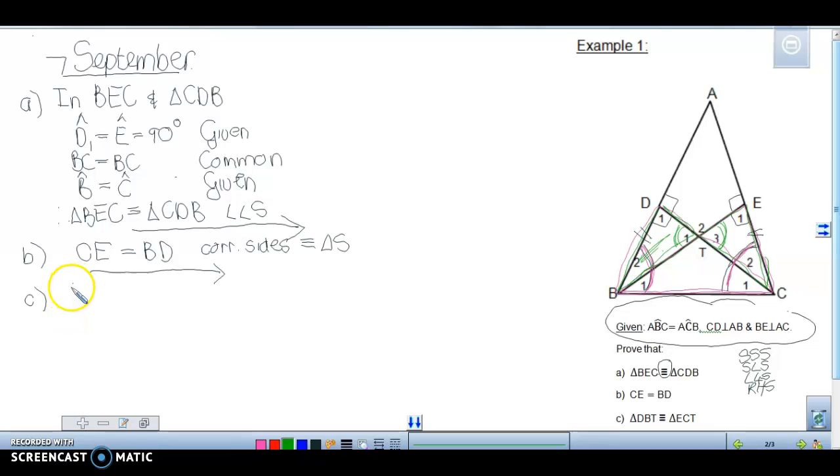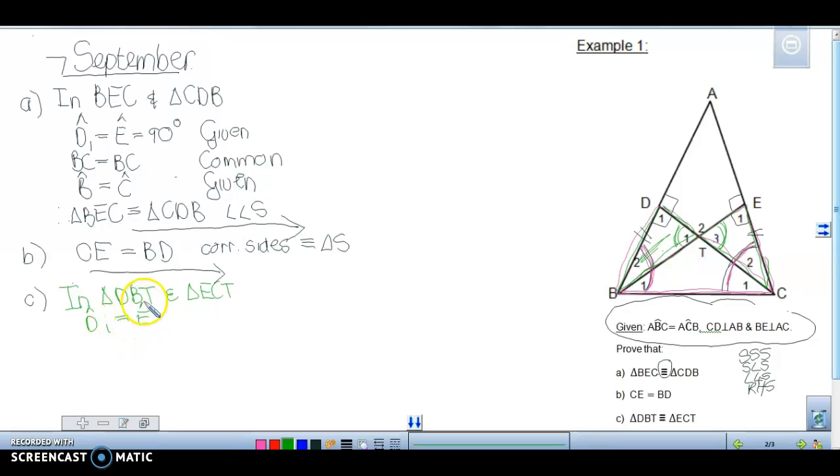Again, we're going to say in triangle DBT and triangle ECT, we've got once again angle B1 equal to angle E1.